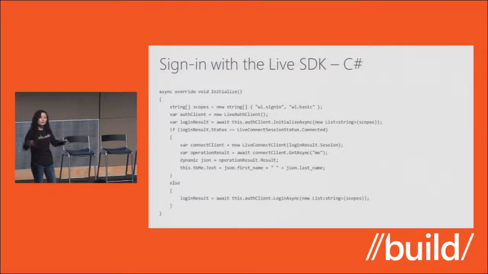This class basically abstracts all the authentication flows from your app. There's a method called initialize async, and the parameter you pass in is a list of scopes. A scope is a name that identifies a set of permissions you want to ask the user for access to. So this is standard OAuth protocol.